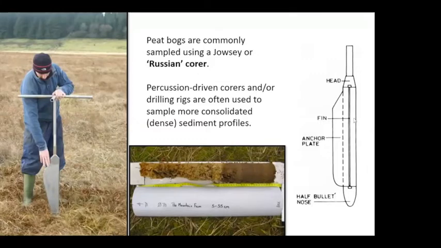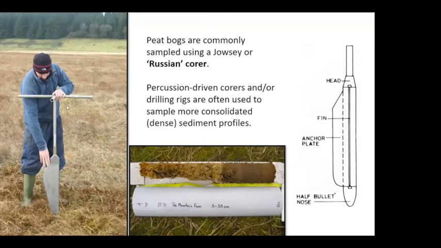This is simply a metal chamber with a cone on the end, a bullet nose, an anchor plate and a fin that we push into the ground, and we rotate this 180 degrees, and it cuts a chamber of peat that we can then retrieve from the corer and take back to the laboratory.